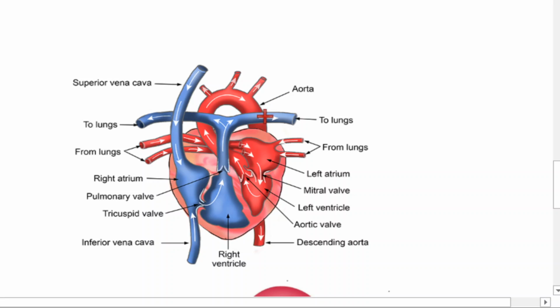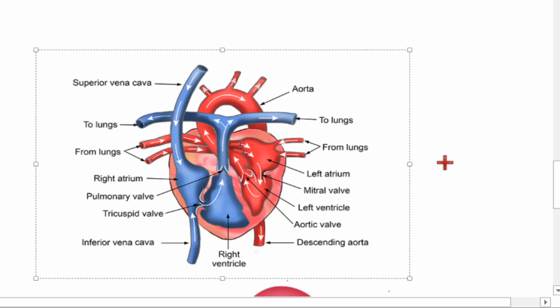Now from the heart, it gets to the lungs, they get oxygenated and come back through two pairs from the lungs into your left auricle that you see here. From here, the blood flows into your left ventricle through the bicuspid valve, also called the mitral valve, and from there it gets into the systemic circulation through the aortic arch.